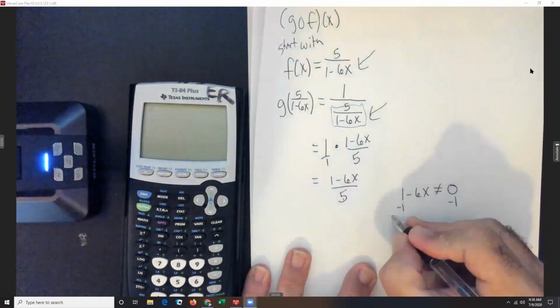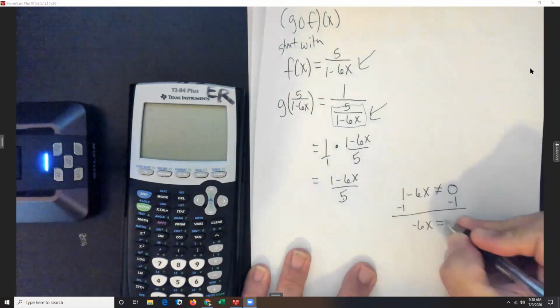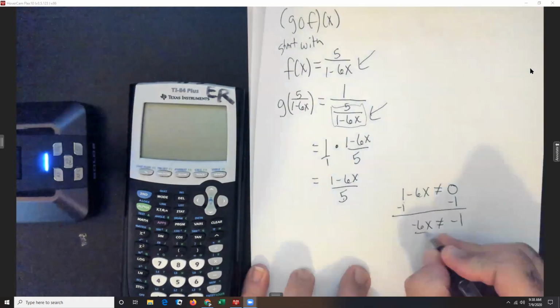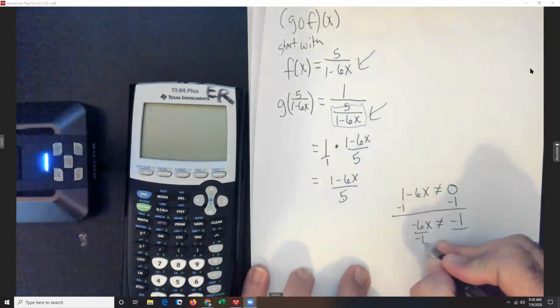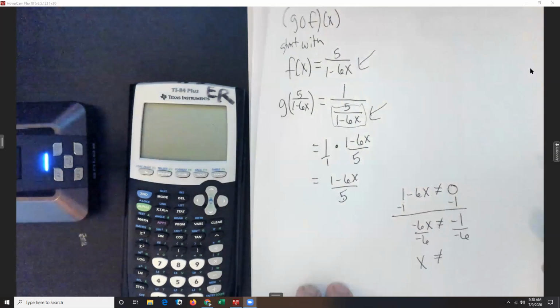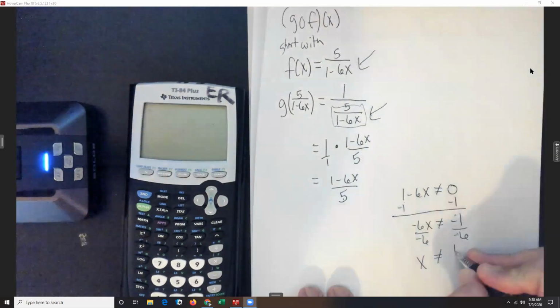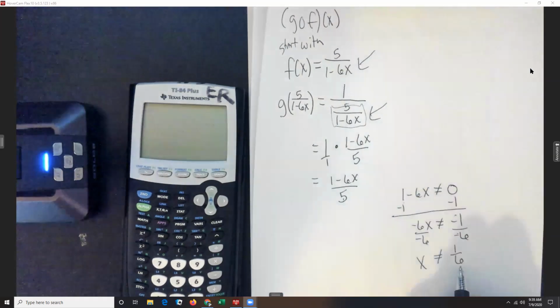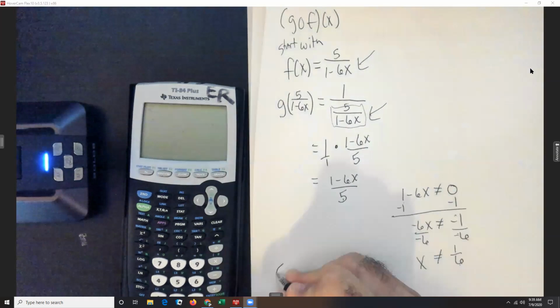I get negative 6x cannot equal negative 1. And then I'm going to divide both sides by the negative 6. So that I get x cannot equal, a negative divided by negative makes that a positive, 1 over 6. So notice I've only got one number to kick out of my domain.